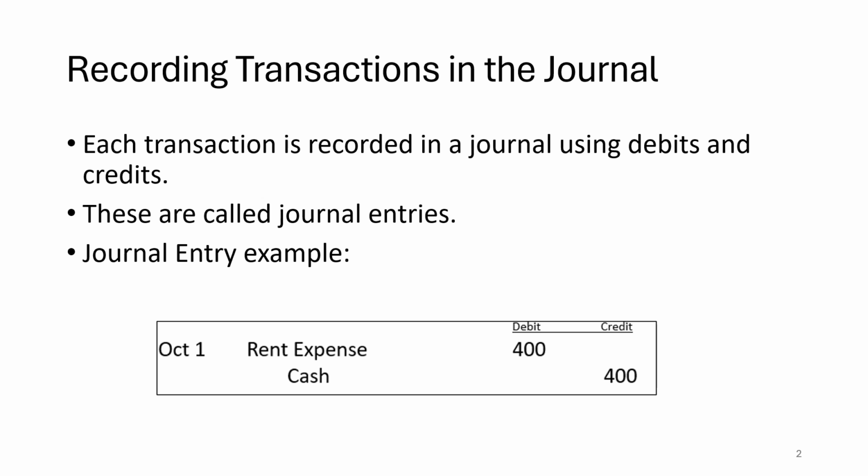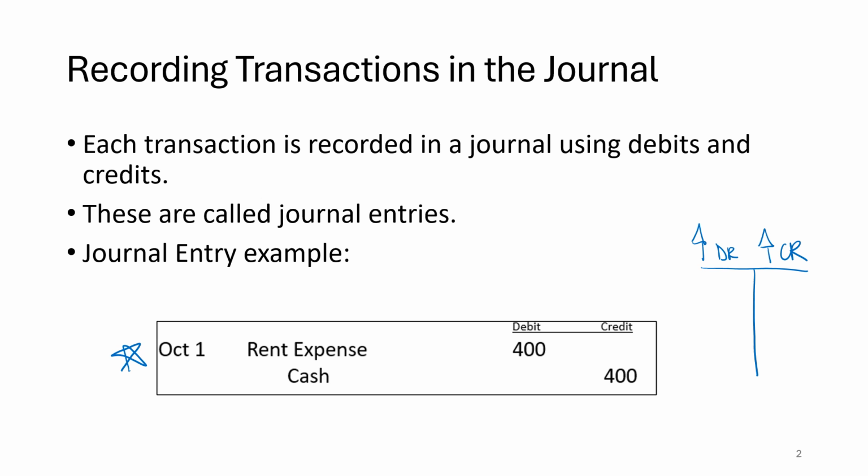The example that you see here is a transaction that is happening on October 1st when a business is paying rent. So if you remember your mnemonic, which has to do with which accounts are increased by a debit and which accounts are increased by a credit.